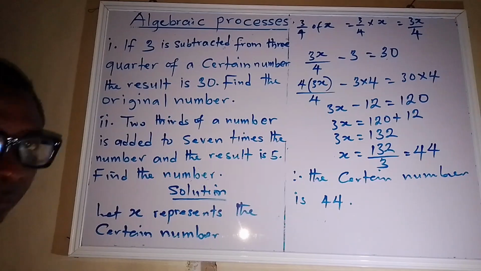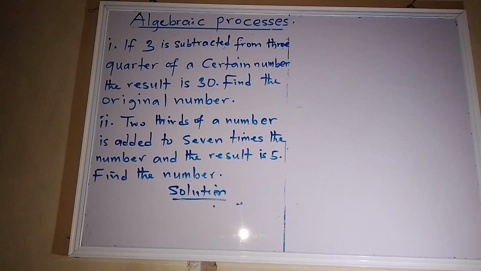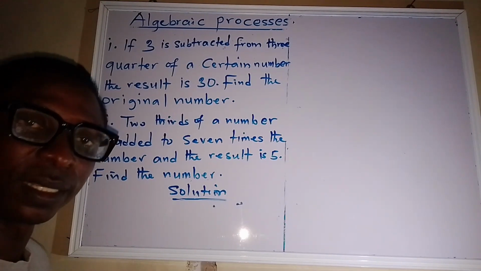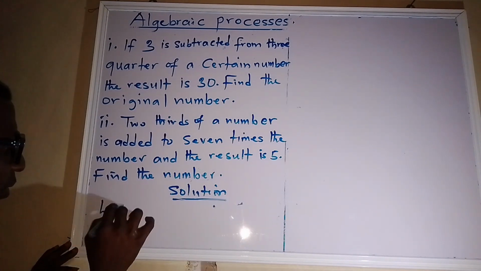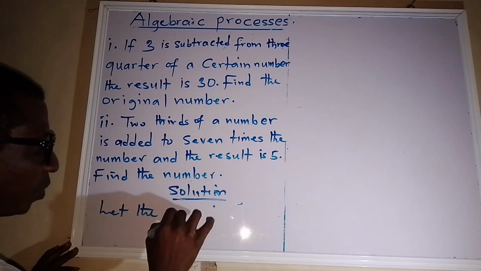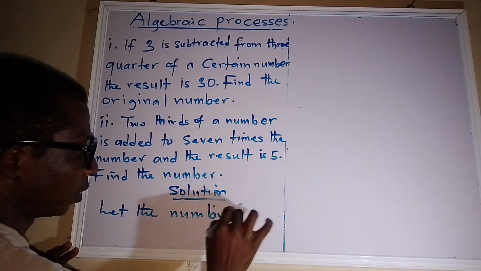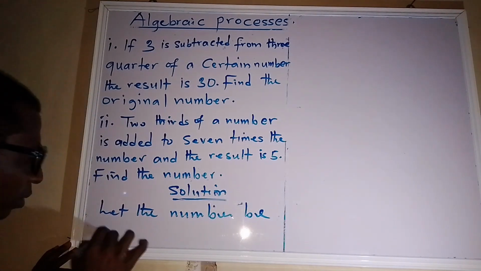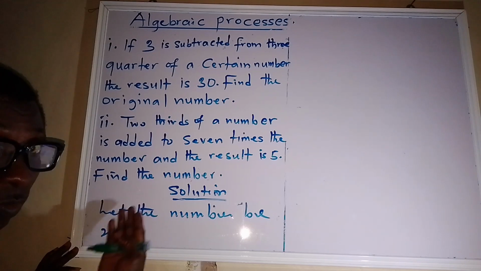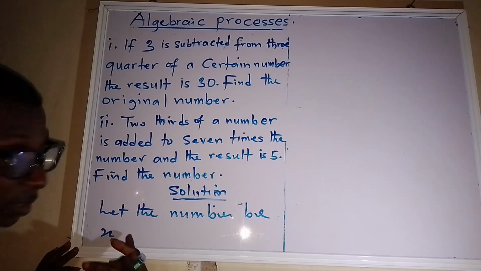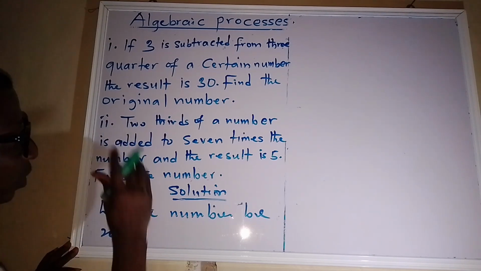Find the number. I will start by saying let the number be x. We don't know x now, so we want x to represent the number. So let's go back to the question now.